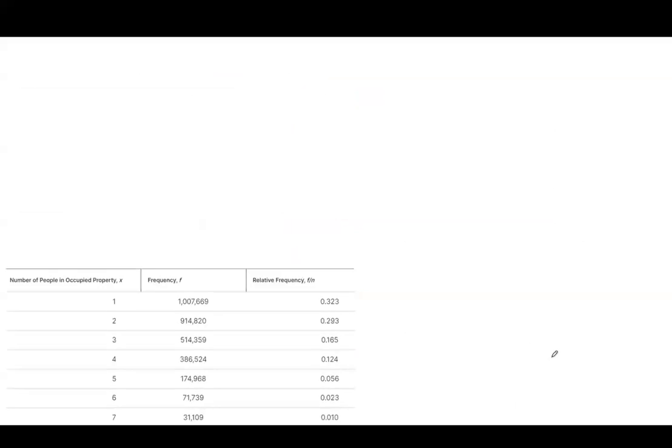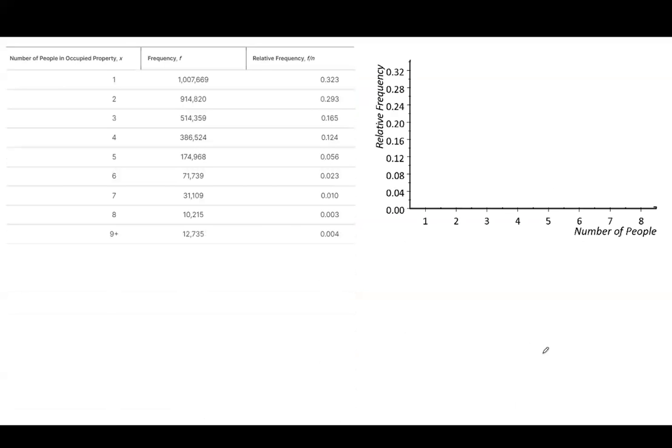0.4%. So how do we visualize this? First of all, on the horizontal line, you have X values. What is X? The number of people living in those properties. On the vertical line, as you remember, you're going to use the relative frequency or the probability. You're going to stop at 0.32 or 32%, because 32.3% is the maximum probability.